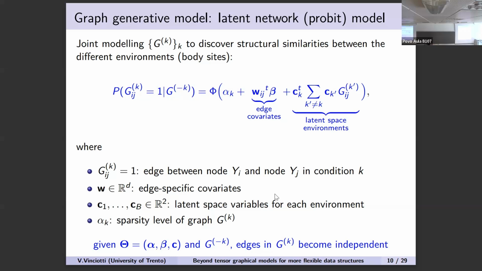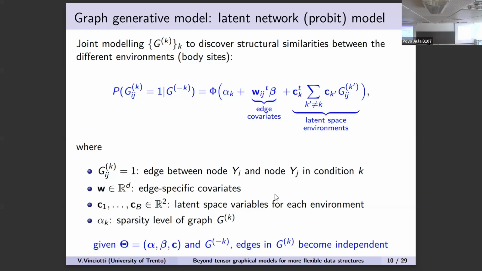Eventually, they come from the graphical model, but let's say for now that we have these networks and we want to model the formation of edges in them. From the modeling point of view, I'm thinking: what is the probability that two nodes, i and j, are connected in environment k? Because if I'm modeling the graph, I'm thinking of probabilities of edges being there or not. I want to do it jointly, but in fact I do it conditionally, conditional on everything else.